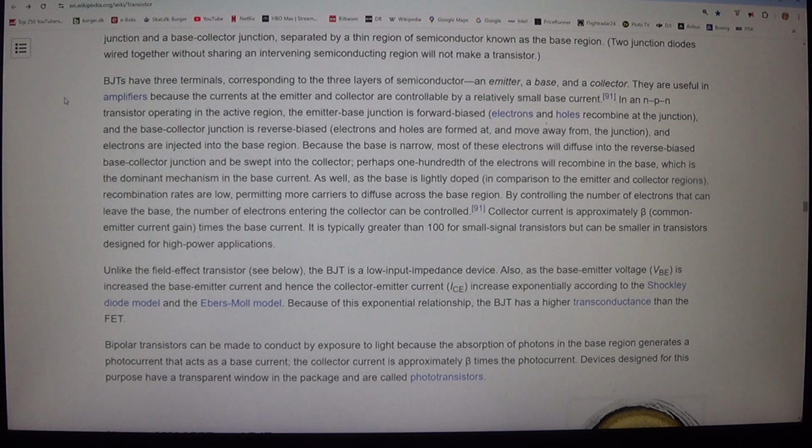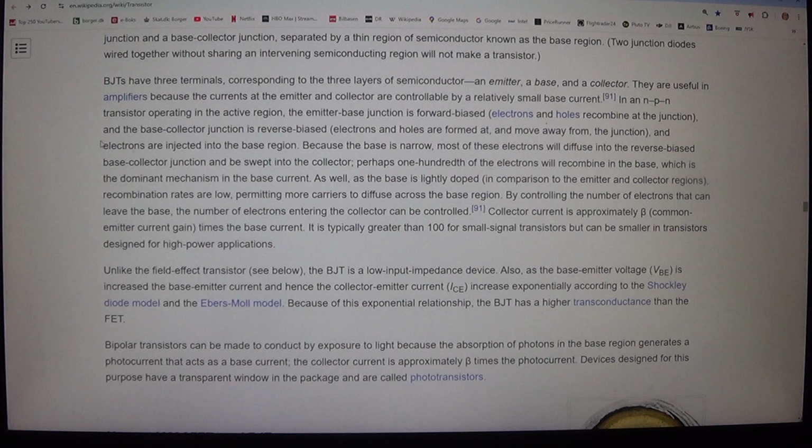In an NPN transistor operating in the active region, the emitter base junction is forward biased, electrons and holes recombine at the junction, and the base collector junction is reverse biased, electrons and holes are formed at, and move away from, the junction, and electrons are injected into the base region.